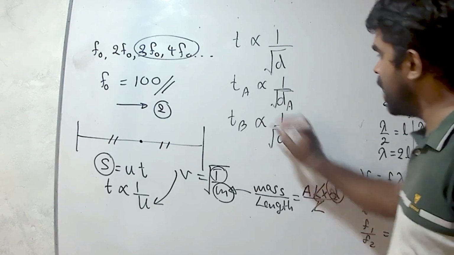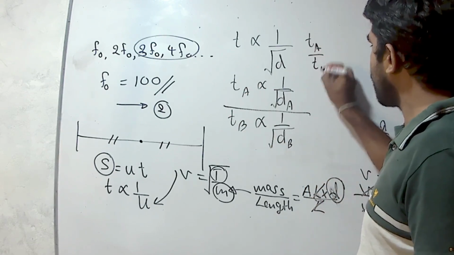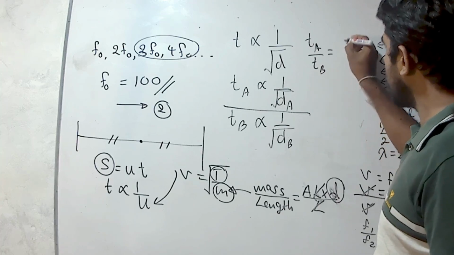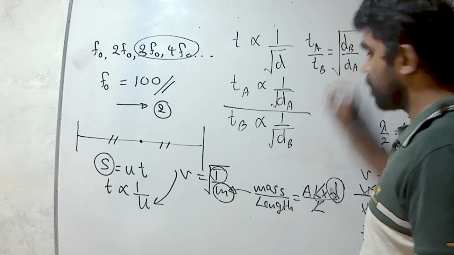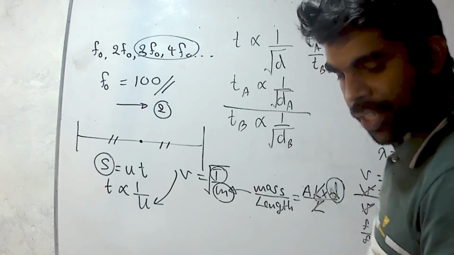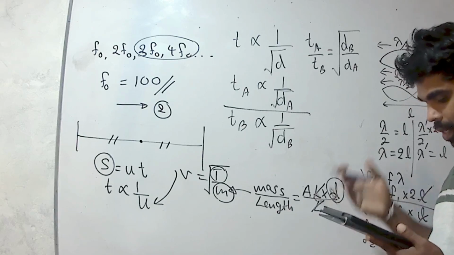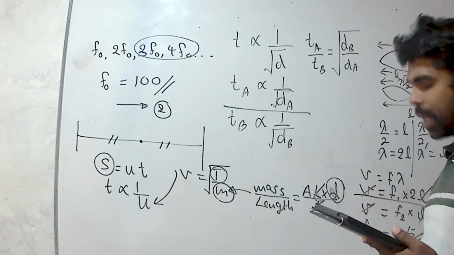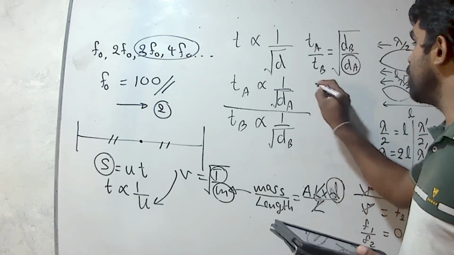Now we can divide both the equations. TA divided by TB equals root of dB divided by dA. But there is a relationship between dA and dB. They have given dA equals 4 dB. Then we can substitute 4 dB for the dA value.